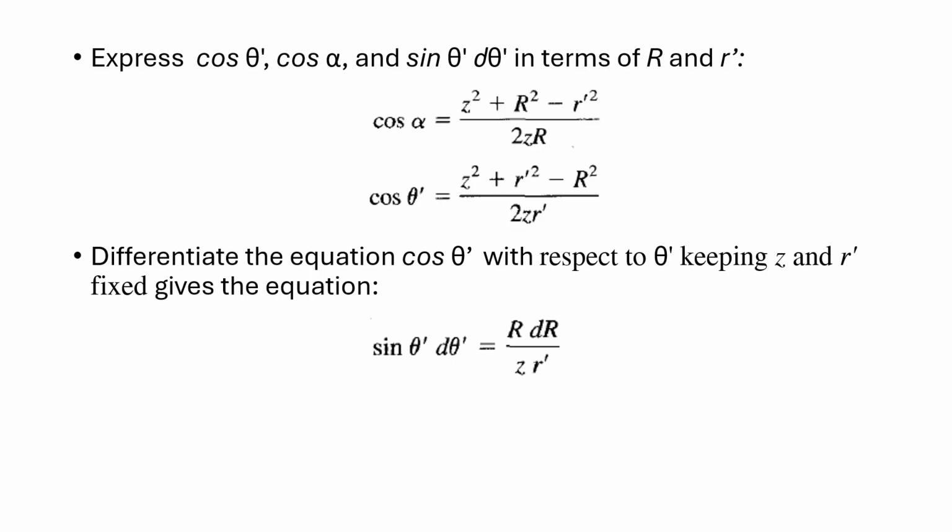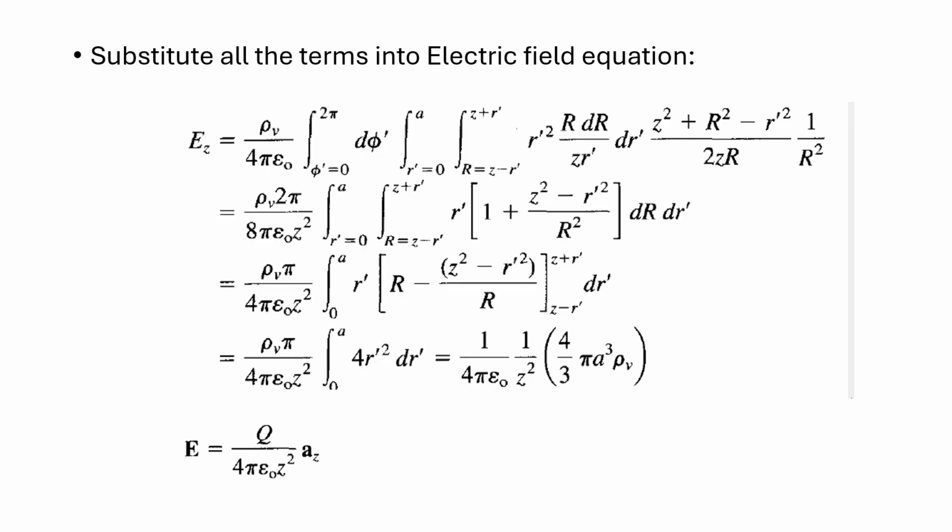Differentiating cos theta prime with respect to theta prime, you have sin theta prime d theta prime equal to r dr over z r prime. Substitute into this electric field equation, and you have this term.